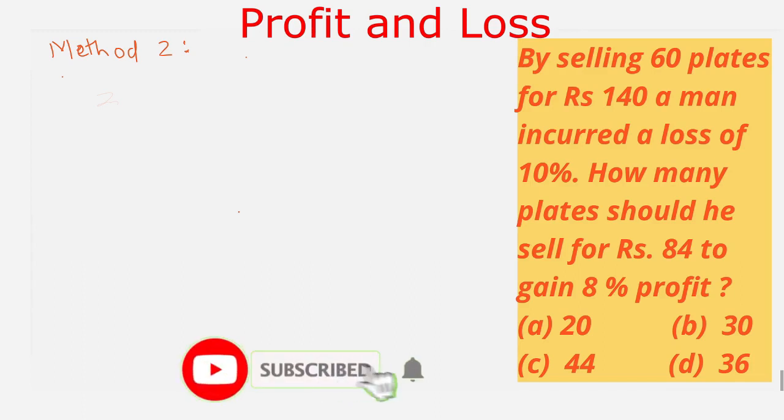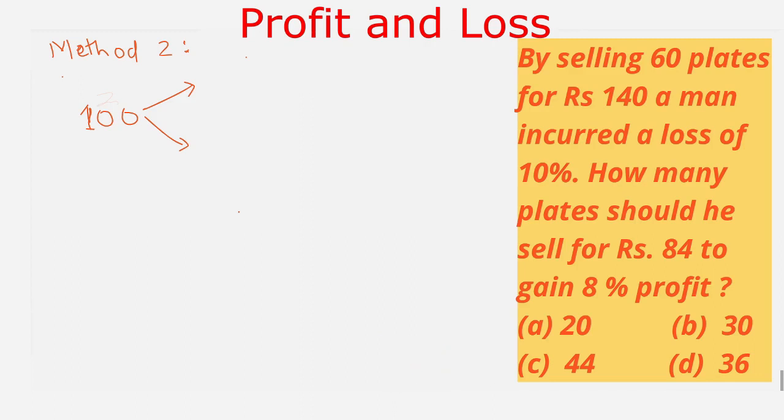We solve this question by the second method. Let the CP be 100. Then for a 10% loss, the amount becomes 90, that is 100 minus 10, that is 90%. And for 8% profit, we have to have the new selling price of 108%, which is 100 plus 8 is 108%.